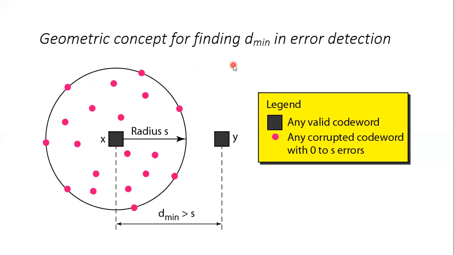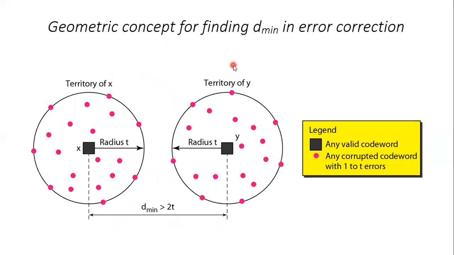Let me see one example here. The geometric concept of finding d-min in error correction. So this is the territory of x and territory of y. So this is radius t. Then for x and y coordinates, therefore, the minimum Hamming distance is greater than 2t.